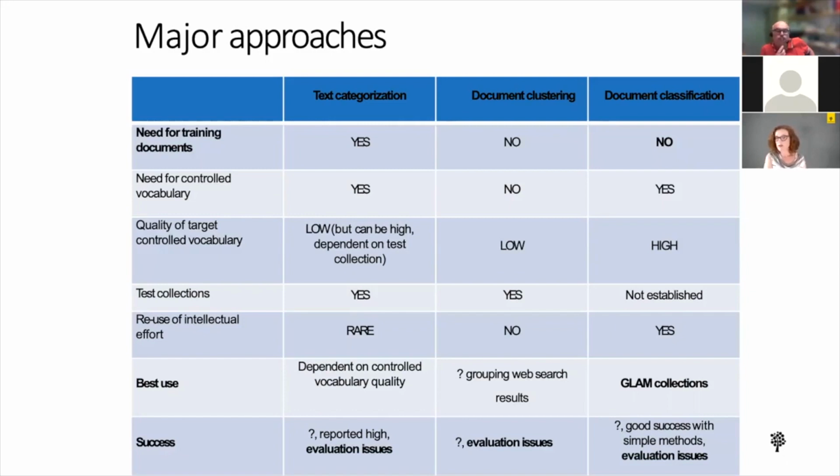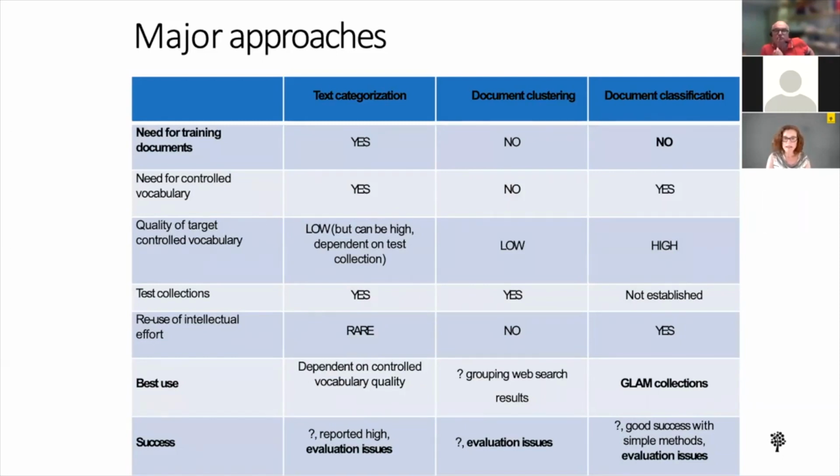Document clustering is the only approach that is derived indexing, and it is really considered better for other purposes, such as grouping web search results, perhaps, rather than for ensuring stable information services. But text categorization and the third approach, which is called here document classification, could be useful.